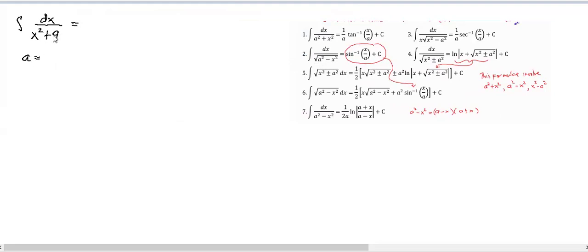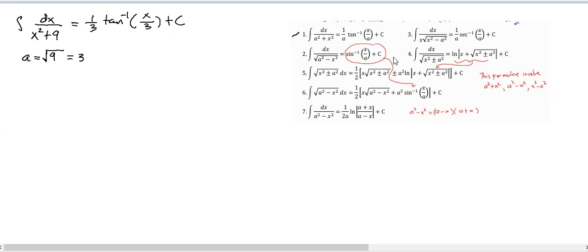It is always the square root of the constant term. So square root of 9, so 3. So positive square root. So the answer, number 1, is 1 over 3 and then arctan or tangent inverse of x over 3 and then plus c. Okay?